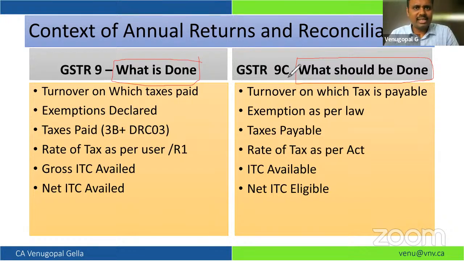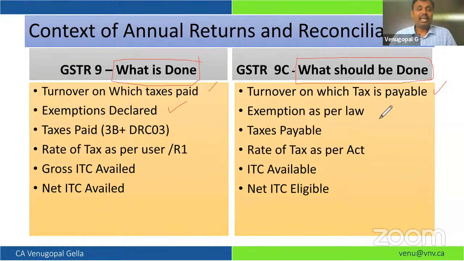Aren't they both one and the same? Unfortunately, there could be situations where we tend to make mistakes and correct them later. For example, I have made a sale of 1 crore rupees, but I have paid the tax only for 90 lakh rupees. What I will be disclosing in GSTR9 is 90 lakhs, but what I disclose in GSTR9C is 1 crore. If I have availed exemptions of 25 lakhs, I'll be putting 25 lakhs exemptions in 9, but I'll be checking whether they are really exempt.